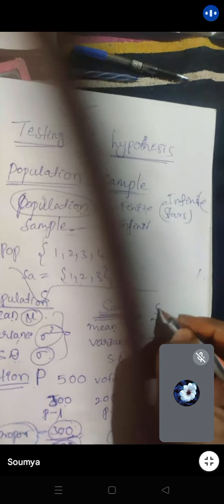The mean, variance and standard deviation of a population are called parameters. The mean, variance and standard deviation of a sample are called statistics. To find the parameters of the population is very difficult. For that I will take a sample and check the mean and standard deviation of the population from the sample.